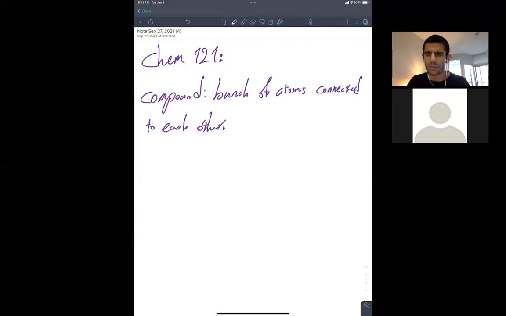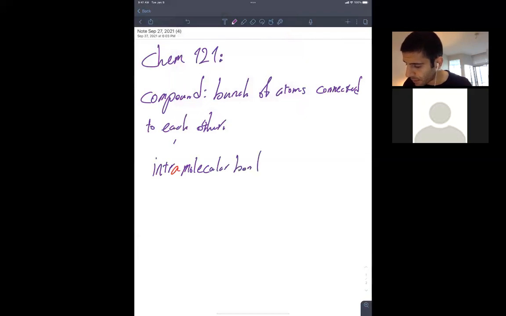But then you wonder, why is the definition so broad? It's because you can use so many different types of atoms, using different types of bonding to connect them together. But the bonding is going to be intramolecular bonds.